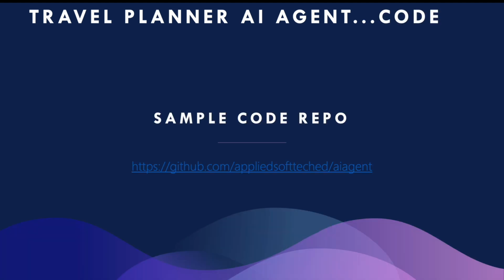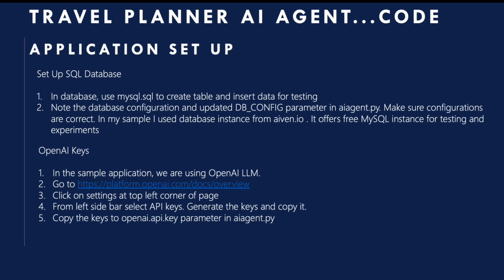Now you have a sample code at the Git repo located at this point, and you can also run the application with the set of instructions that I have given here. But first thing is that after cloning the repo, you have to do the SQL database setup. So in the database, use mysql.sql to create table and insert data for testing.